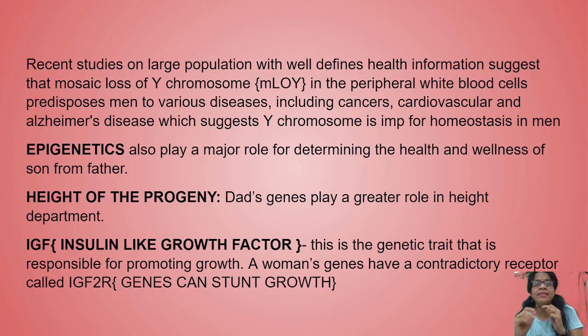Recent studies on large populations with well-defined health information suggest that mosaic loss of the Y chromosome, where you lose a small part of the Y chromosome in the peripheral white blood cells, predisposes men to various diseases like cancers, cardiovascular diseases, and Alzheimer's, which suggests that the Y chromosome is important for homeostasis in men. So please remember, mosaic loss of the Y chromosome is also leading to these dangerous cardiovascular diseases and cancers.